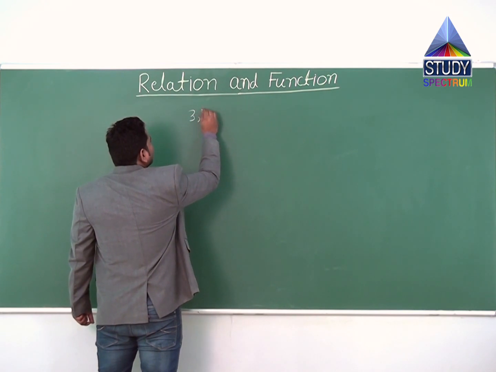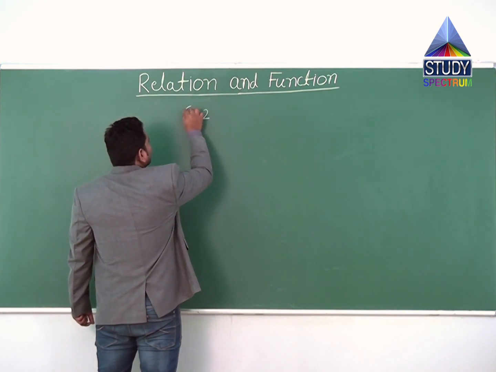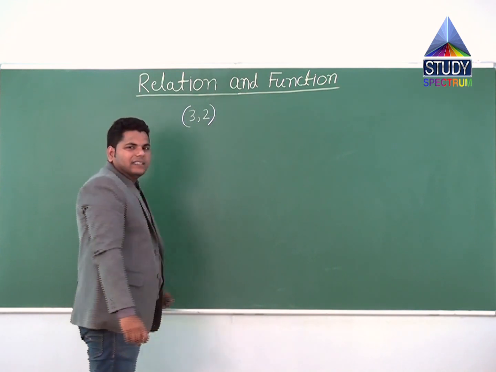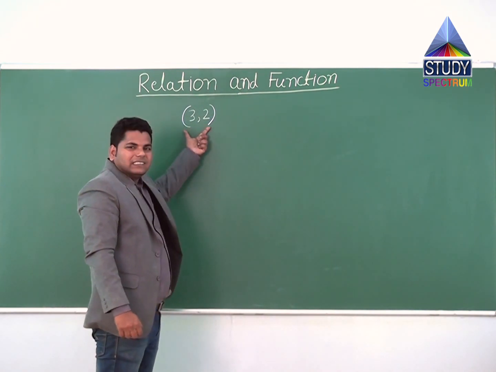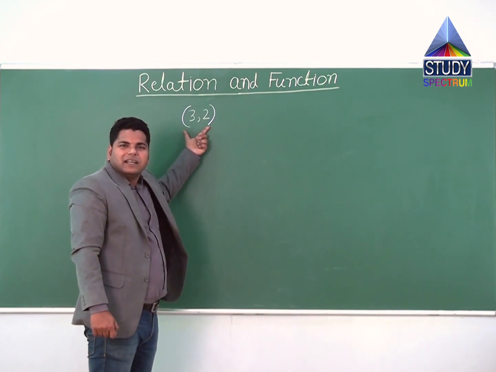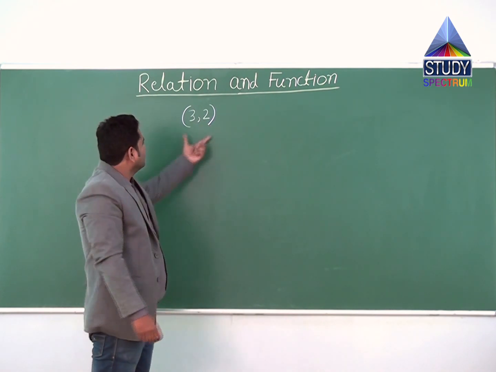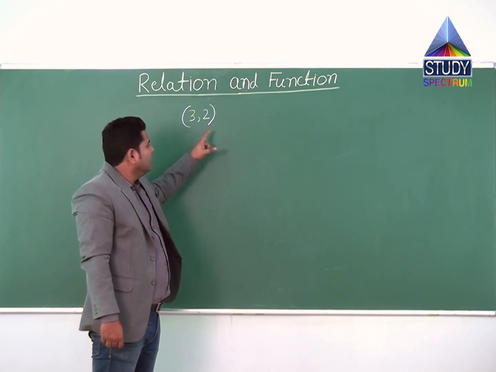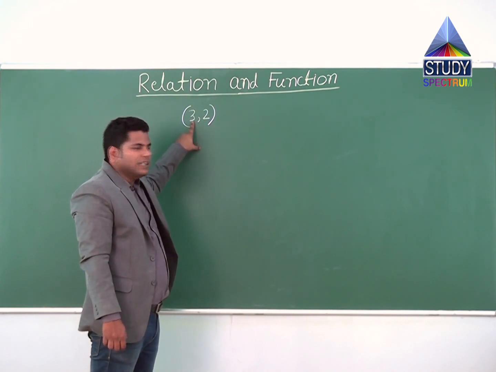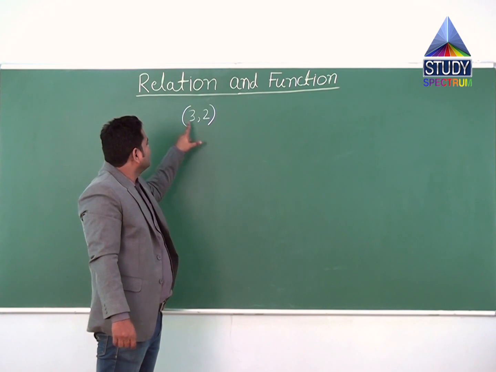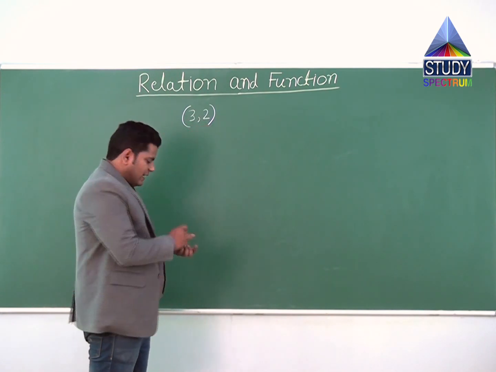We write an ordered pair in a certain order and in small brackets. So (3, 2) is an ordered pair in two-dimensional geometry. This is treated as a point, and an ordered pair has two elements. This is the first element, this is the second element.